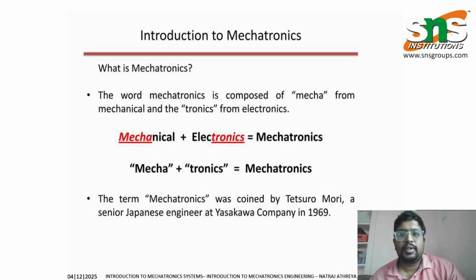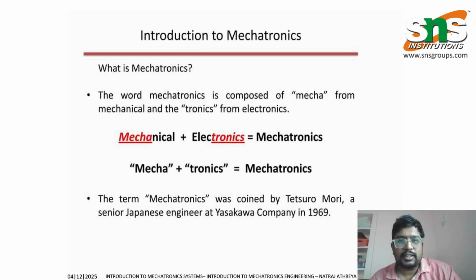Mechatronics is a combination of the terms mechanical and electronics. So the part "mecha" from mechanical and "tronics" from electronics. That is, the mechanical components or linkages or structures along with the electronics combined together gives us mechatronics. The term mechatronics was coined by Tetsuro Mori from Yasakawa company in 1969.